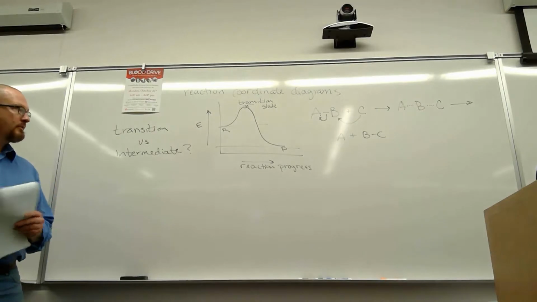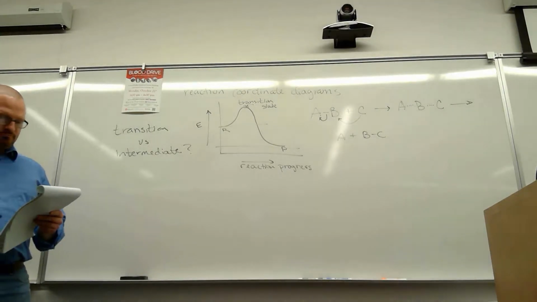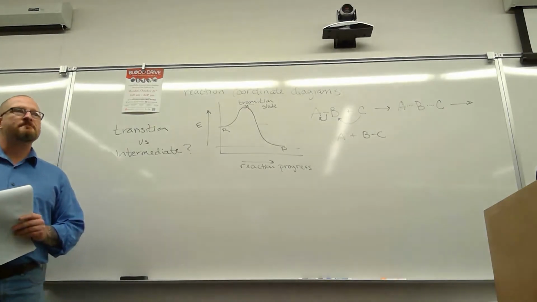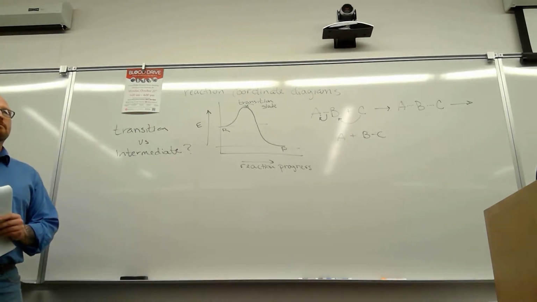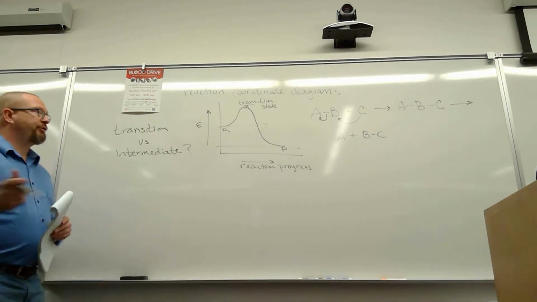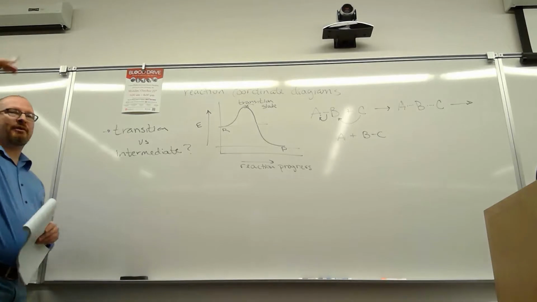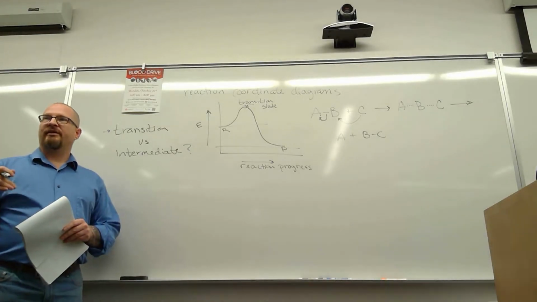They have very different meanings. An intermediate has actual bonds in a reaction. It's in the middle of a reaction. And you can actually separate them. They're observable. You're really close. A transition state is a higher energy system, and they're very transient.